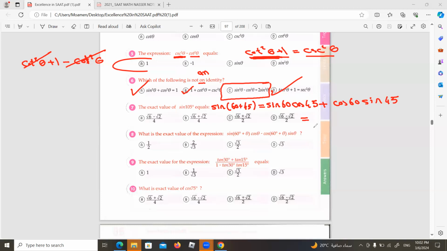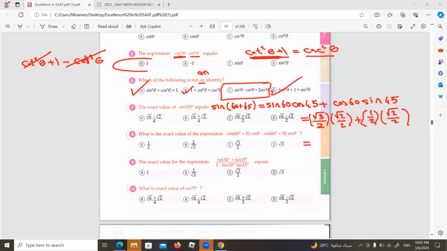Let's recall the values. Sine 60 is root 3 over 2, multiplied by cosine 45, which is root 2 over 2, plus cosine 60, which is half, times sine 45, which is root 2 over 2.